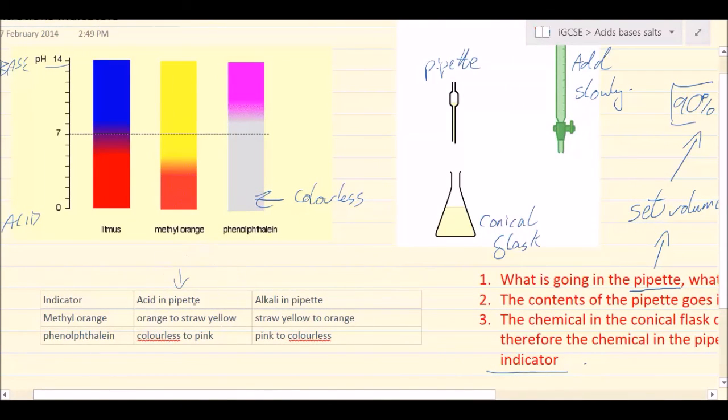So if acid was in the pipette, it's going to start as orange or colorless, and it's going to go to straw yellow or pink, depending on whether it's phenolphthalein or methyl orange. And the alkali in the pipette will start as straw yellow and turn orange for methyl orange, and for phenolphthalein it will start as pink and turn to colorless.